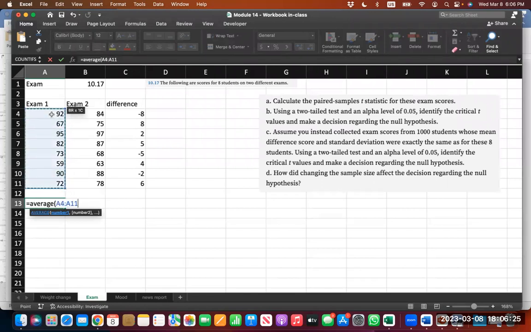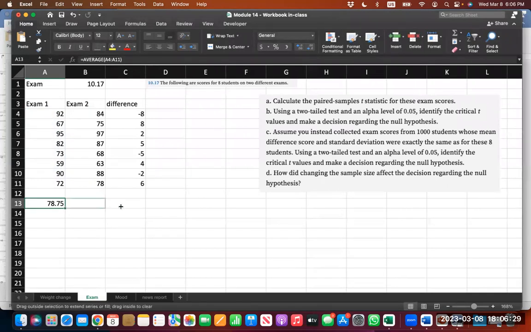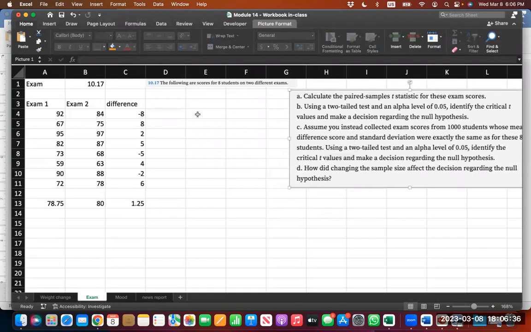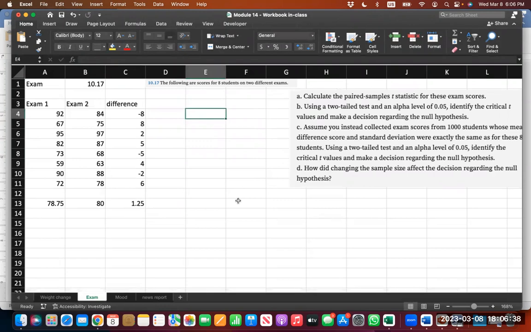You calculate the average. You calculate the average difference. You calculate the paired sample t-statistics for these exam scores. So we know that there's one population of 8 individuals.